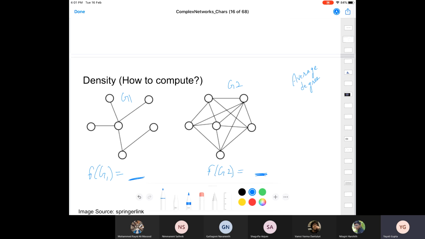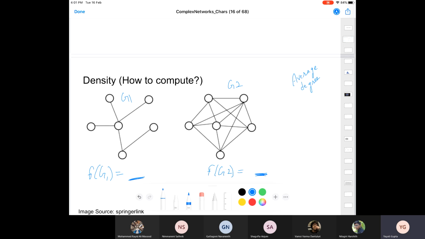Okay, or maybe the number of edges. Okay, let's say we choose the number of edges. I'll get back on the average degree back to you. So right now we are starting to think in very, very simple terms. Okay, maybe the number of edges.